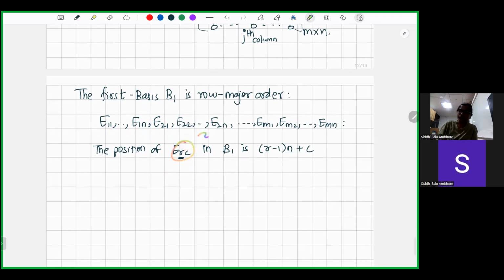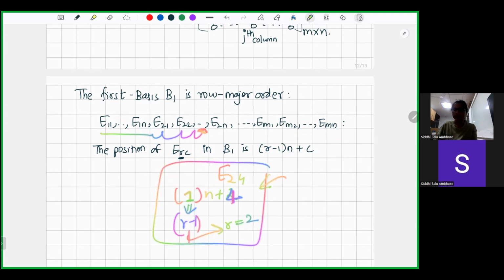So Erc will omit the first (r minus 1) times n terms, then start on the rth row, and then give me the cth term. For example, E12 is in the second position. E24 will be n plus 4, the fourth position after n plus 1, 2, 3. Here the coefficient of n is r minus 1, and r was 2. Okay, so I hope you understand what I mean here.